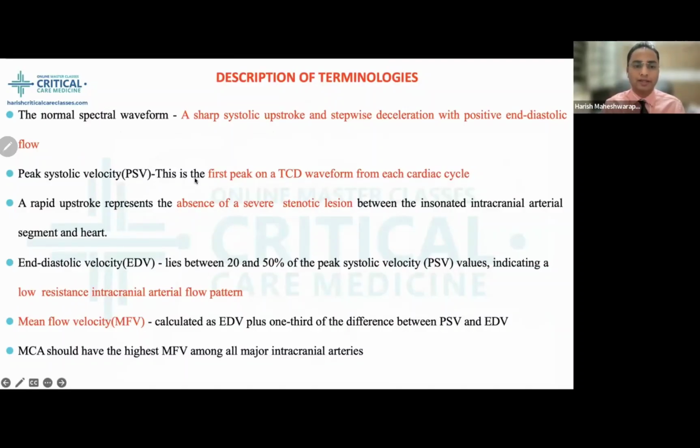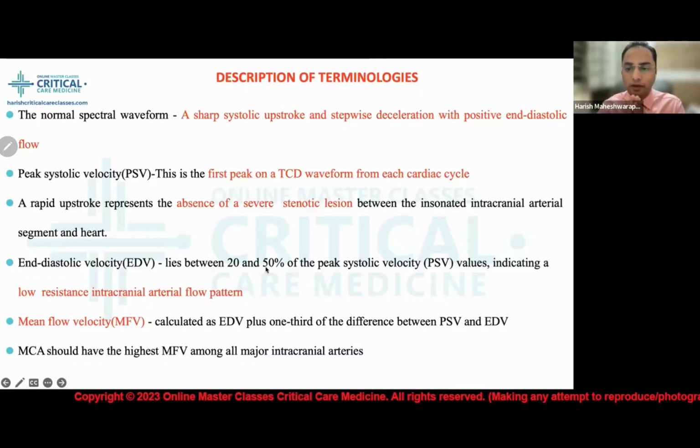Peak systolic velocity is the first peak on the TCD waveform from each cardiac cycle. A rapid upstroke represents the absence of a severe stenotic lesion between the insonated intracranial arterial segment and the heart. End diastolic velocity lies somewhere between 20 and 50% of the peak systolic velocity values, indicating a low resistance intracranial arterial flow pattern.